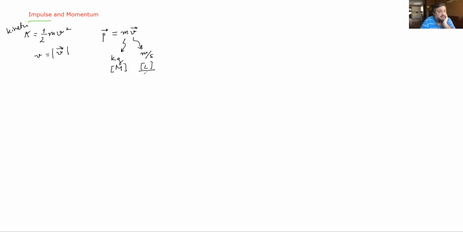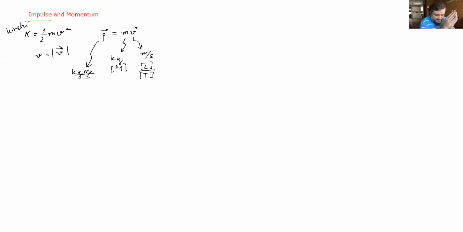And seconds in the denominator, which corresponds to time, right? So L over T multiplied by M, that is the dimension of momentum, ML over T, and the unit is kilogram meters per second, right? The unit is kilogram meters per second. That's the unit for momentum.